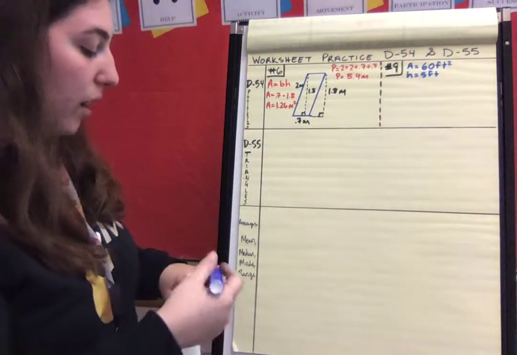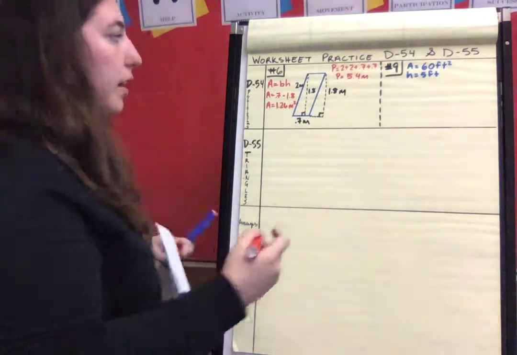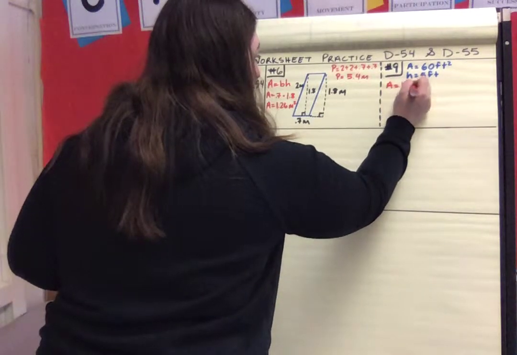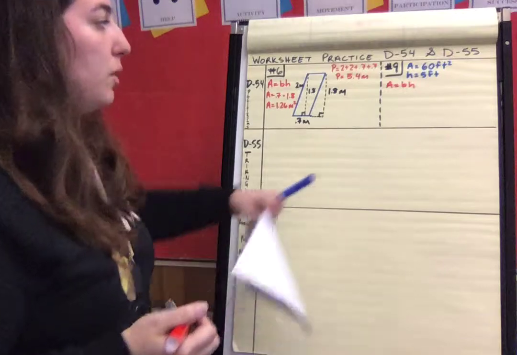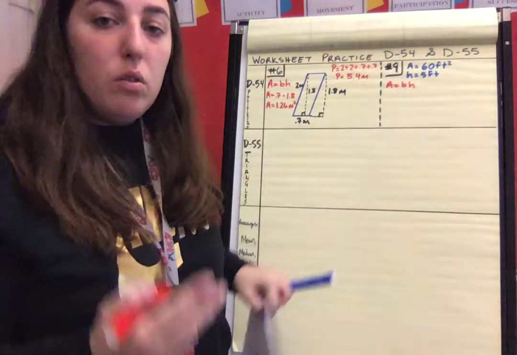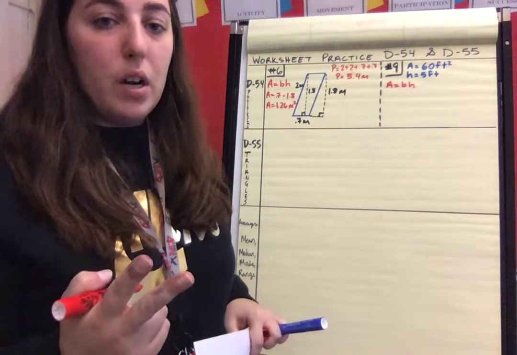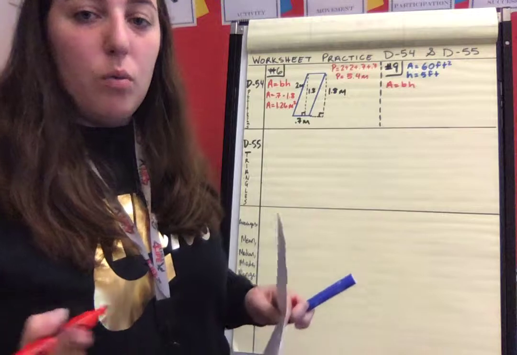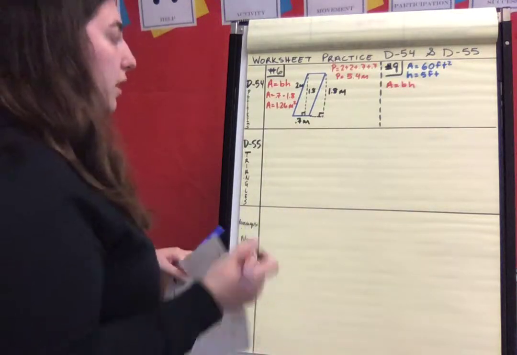So our area formula is area equals base times height. Okay, we know what the area is, and we also know what the height is. So we know two values for our variables, and we still have one variable that we don't know, but we have to find what it is.